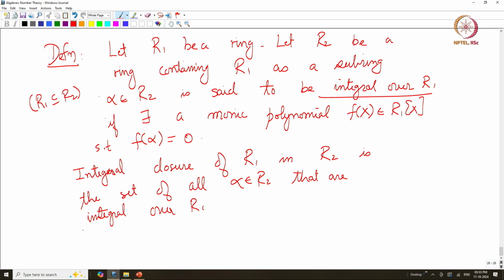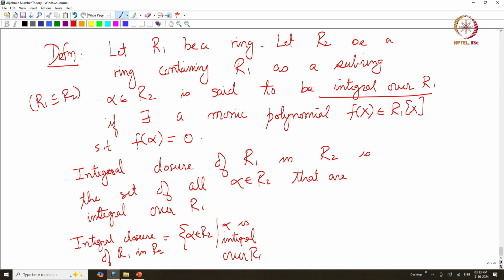Okay. So, integral closure of R_1 in R_2, this is all alpha in R_2 such that alpha is integral over R_1. I am just repeating myself and I wanted to write it as a set.